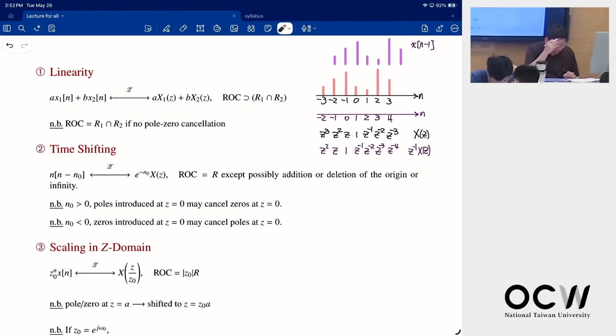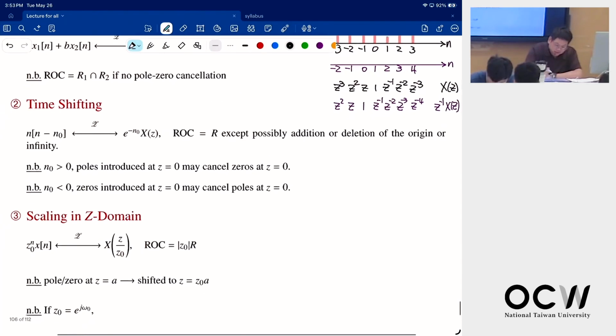Now let's talk about the scaling, compression or expansion. If I times z naught in the time domain, which means that in the z domain it could be compressed or expanded, then the region of convergence is the original one times the magnitude of z naught.